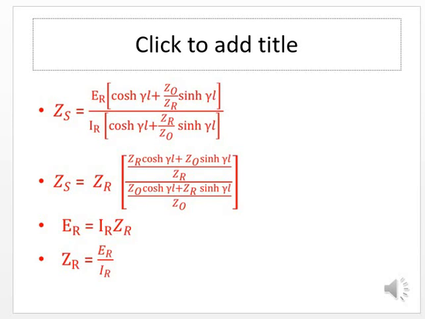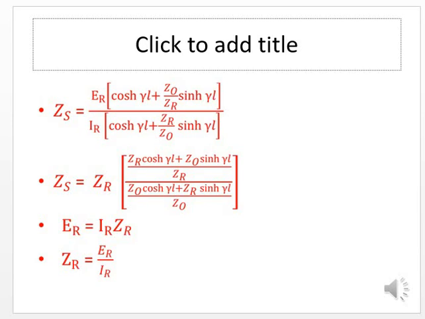So sending end impedance ZS, substitute the ES and IS in ZS. So ER into [cosh γL plus Z0 by ZR sinh γL] divided by IR into [cosh γL plus ZR by Z0 into sinh γL]. Keep ZR as the LCM, and ER becomes IR into ZR, so both the IR get cancelled. So the numerator is ZR into [ZR cosh γL plus Z0 sinh γL] by ZR.